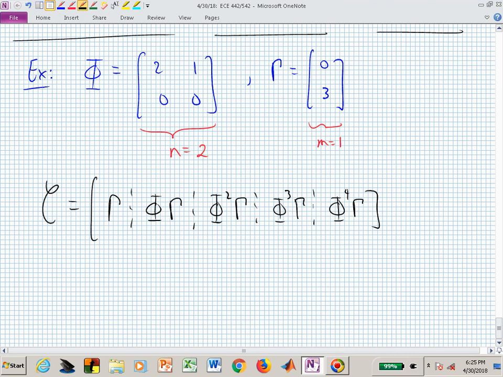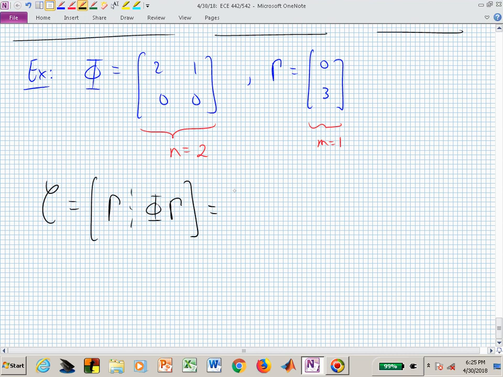How many do I need? I just need phi raised to the n minus 1, 2 minus 1. I need phi to the 1 times gamma in this example. I just need to make two columns.